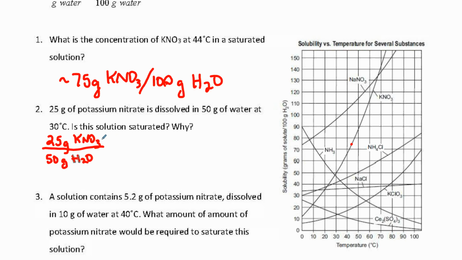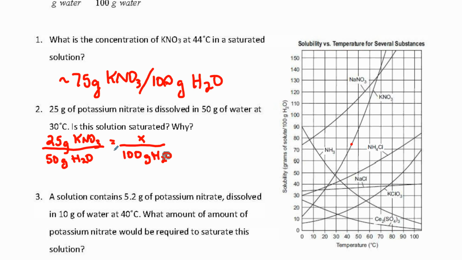What is the equivalent fraction if we have 100 grams of water? I'm just going to call this X. You could look at this and say, well, 25 over 50, that's half, so it would be the same as 50 over 100. So this one would be pretty easy to do in your head.